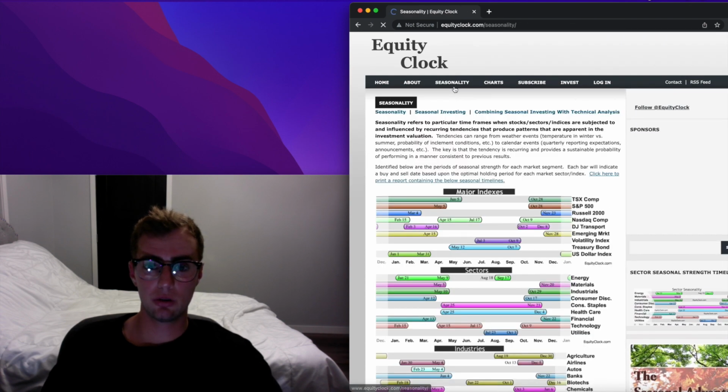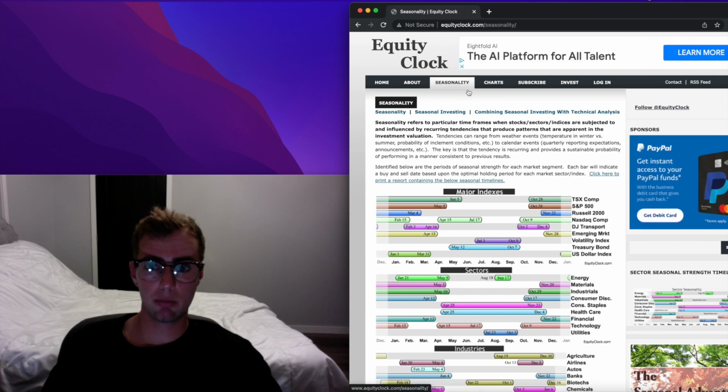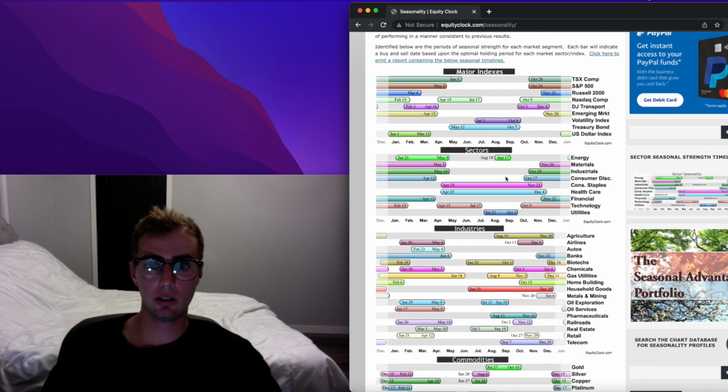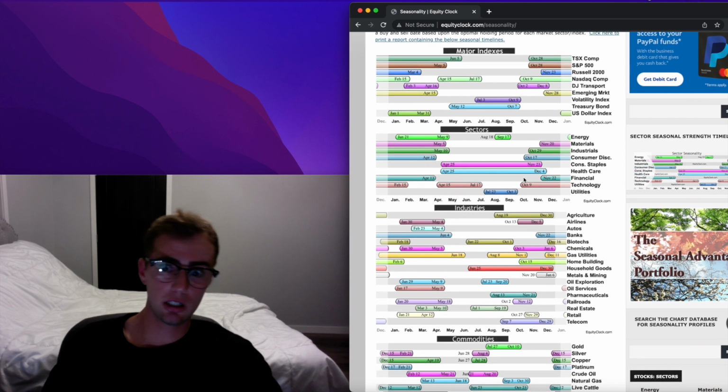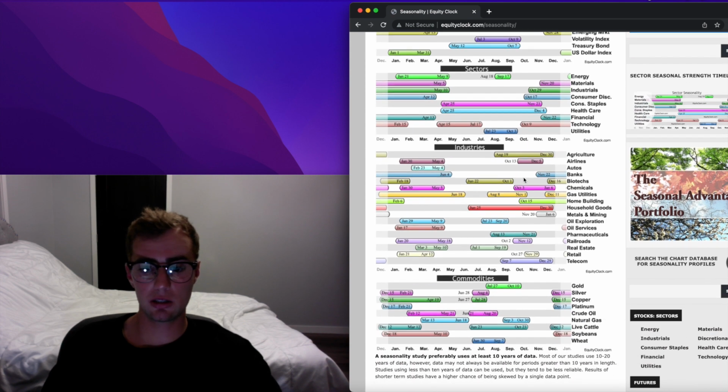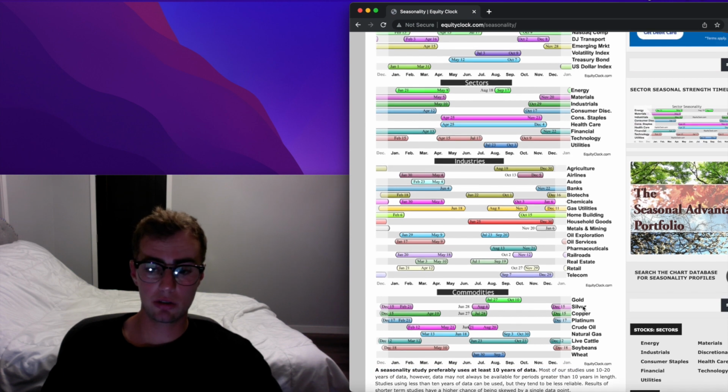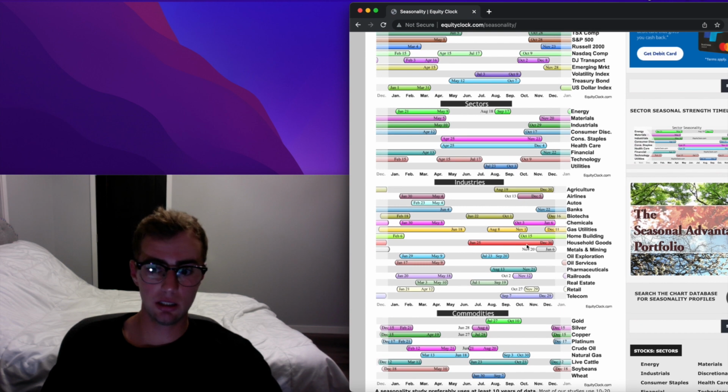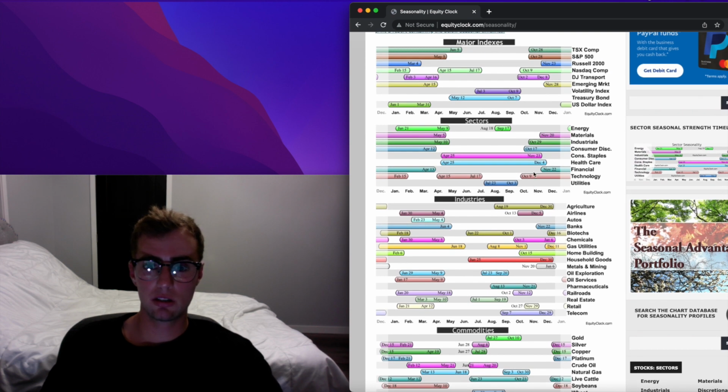Also, you can go into seasonality on the tab above, and you can look at what indices do better during which time of the year historically, and this is at least 10 years of data down here below, 10 to 20. So it also has commodities, industries, sectors.